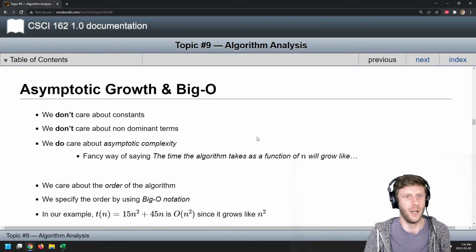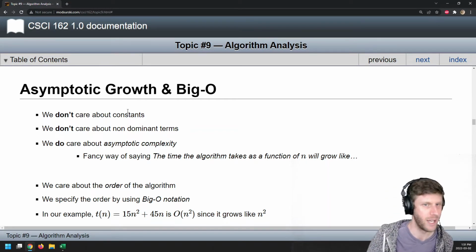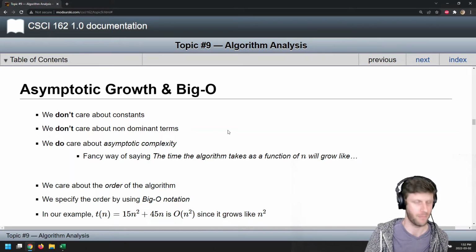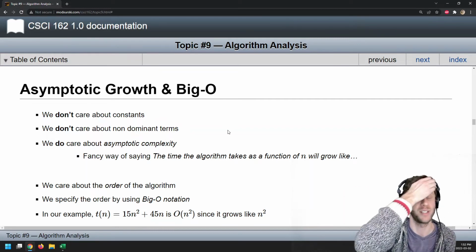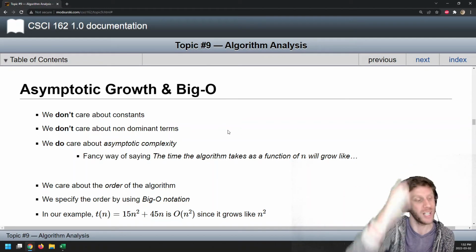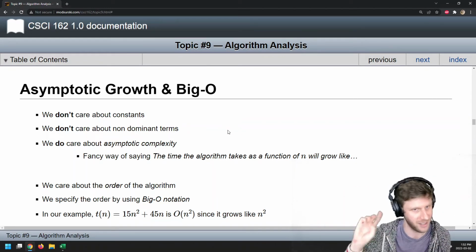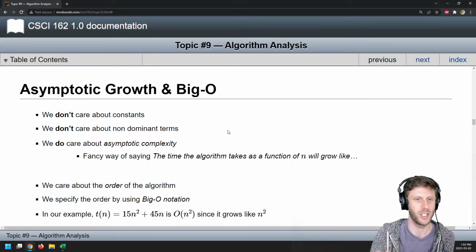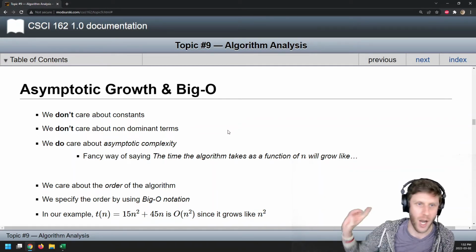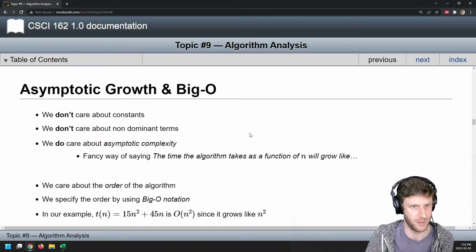Okay. So, asymptotic growth and big O. Here's how computer scientists are simplifying things, and we're not even cheating. This is all mathematically sound. But here's what we're going to do. We don't care about constants. They don't matter. We do not care about non-dominant terms.